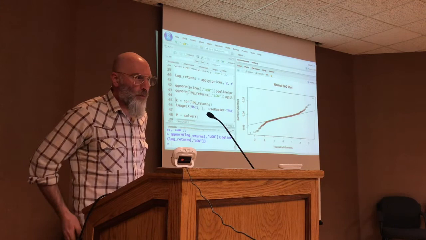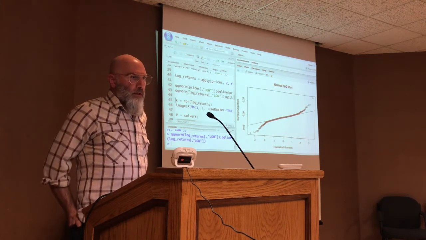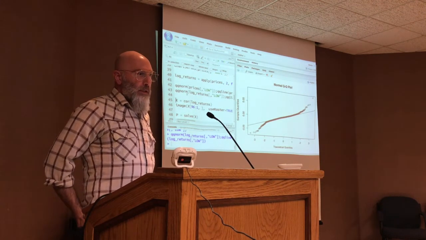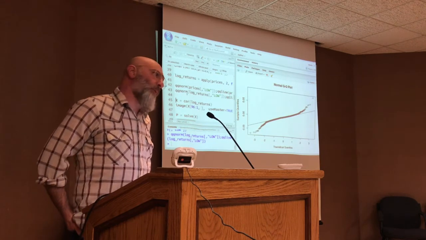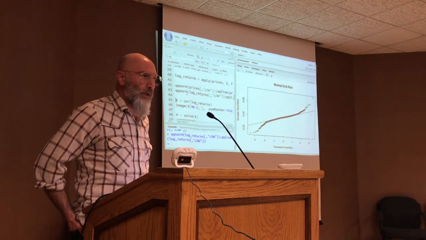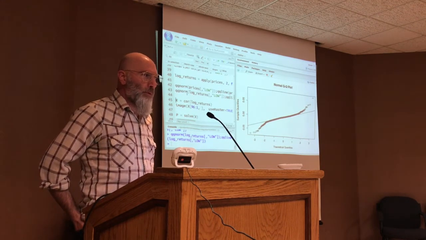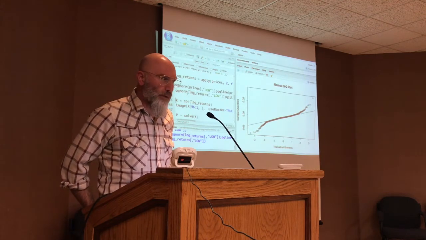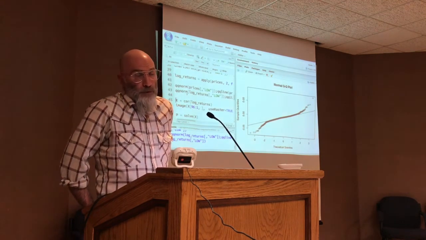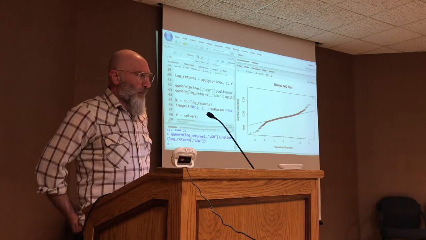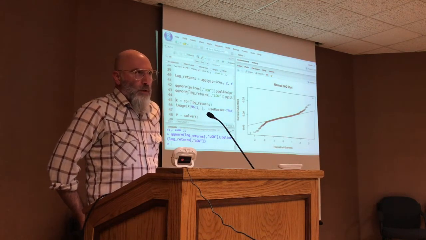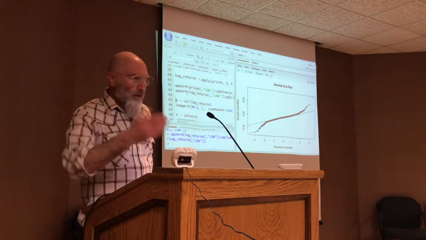And so let's think about relationships between these stocks, between their prices or their log returns. And the most simple relationship you could think of is correlation. For example, are stocks correlated with each other? Are some of them correlated with others?